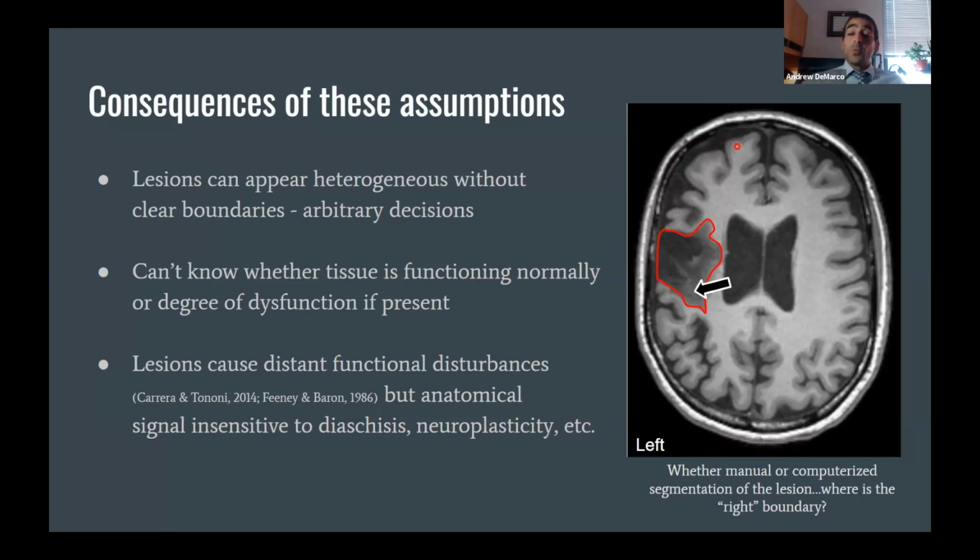But outside the lesion will also be the locus of changes that are a consequence of the lesion that might be good, like neuroplasticity that helps somebody get better. And by making these assumptions in our lesion symptom mapping analyses, our lesion behavior mapping analyses, we're building in the impossibility of these phenomena factoring into our findings.